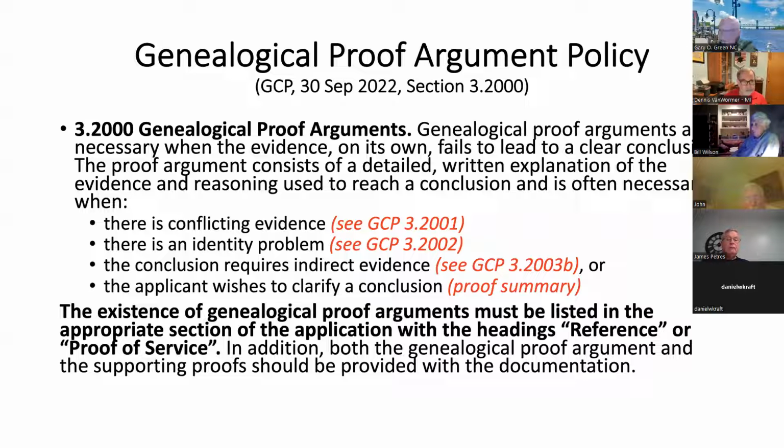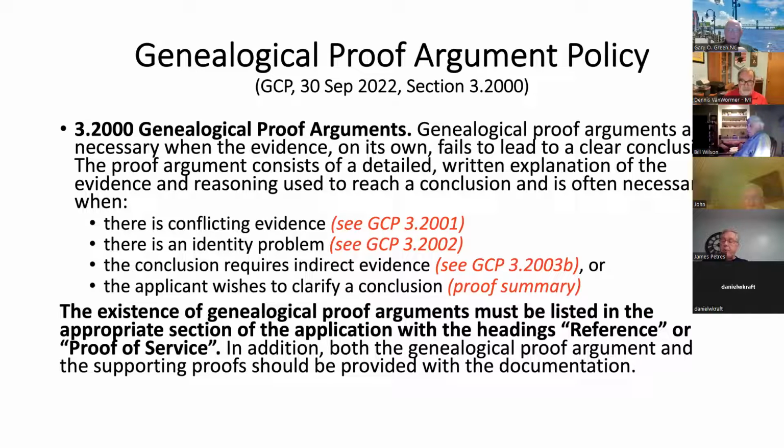And then the bold section is new as of July also, and I'll get into this in a little more detail a little later. But we now say when you have a genealogical proof argument, you must list in the reference or proof of service section that there is a proof argument.